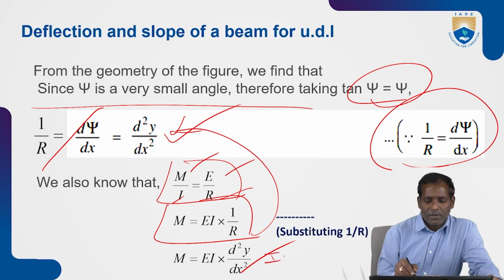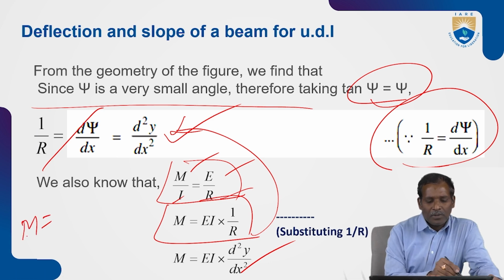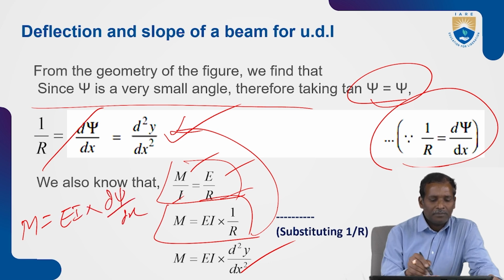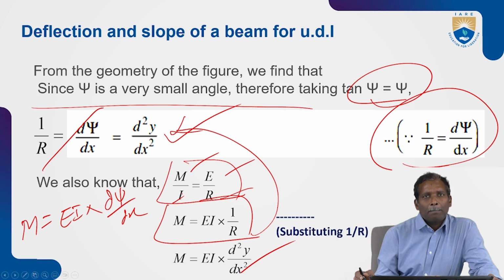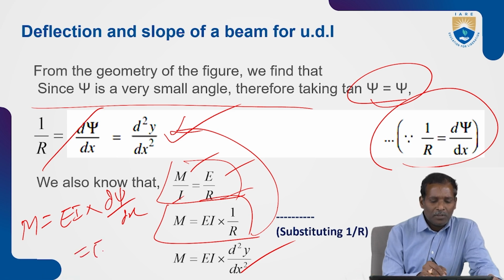Otherwise you can write M is equal to EI into d psi by dx, is equal to EI into d square y by dx square.